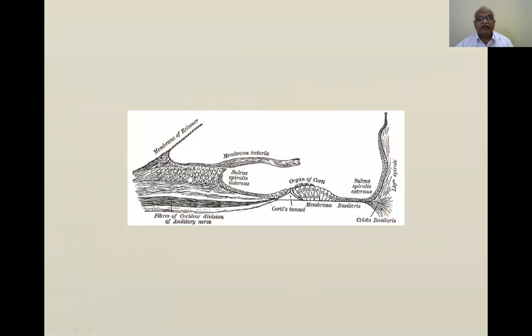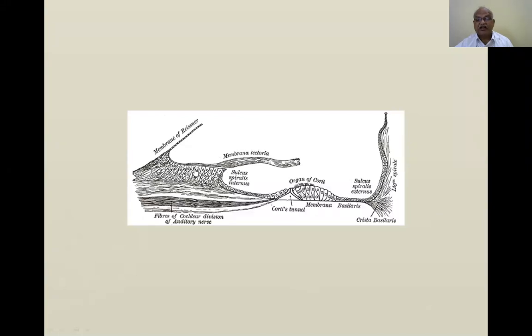Now this is the unit. Inside, this is scala vestibuli, this is scala tympani. This is the basilar membrane and the membrana tectoria. The cochlear duct is roofed by the membrane of Reissner.